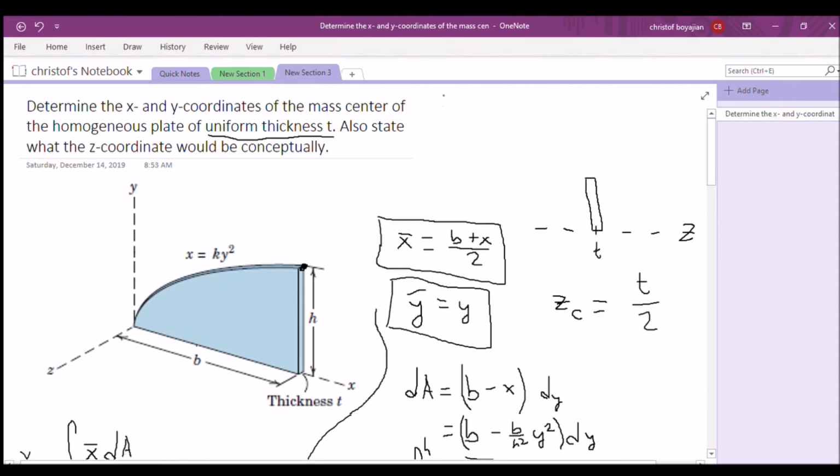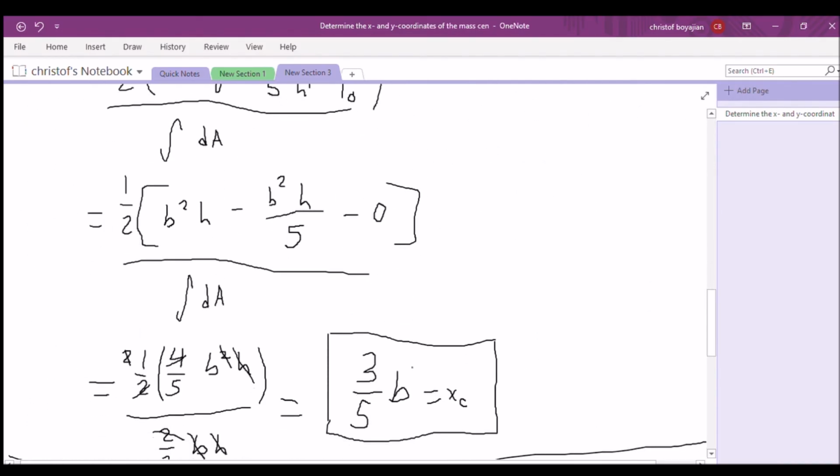So our coordinates xc, comma, yc, comma, z sub c is going to be, now we said our xc is 3/5 b.